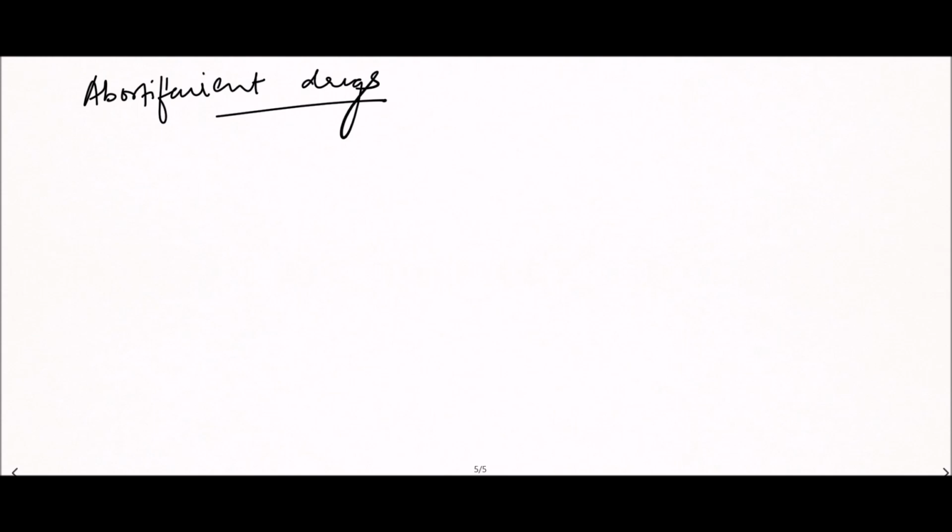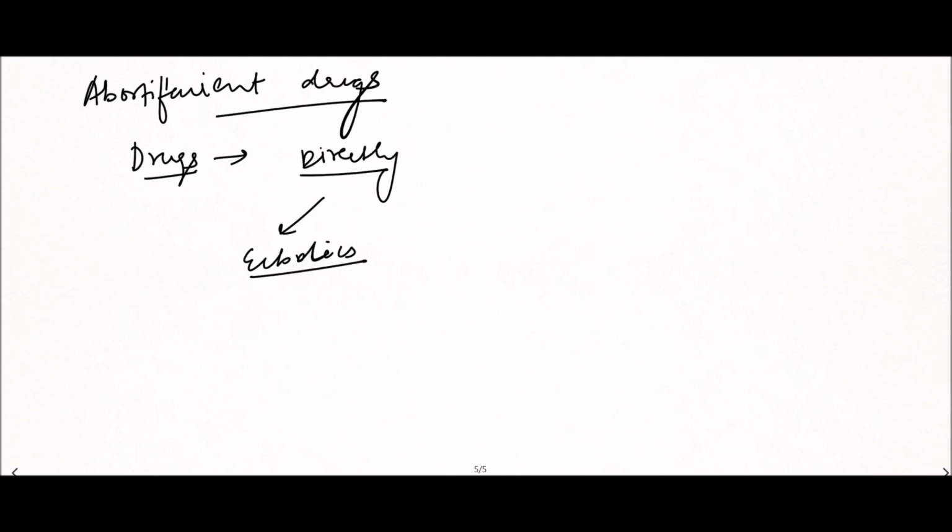So drugs basically acting directly on the uterus can be ecbolics or emmenagogues.